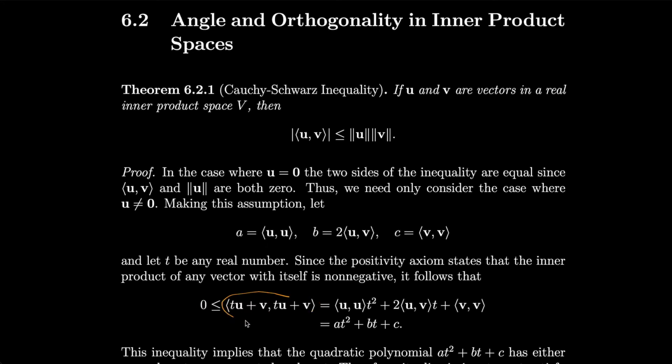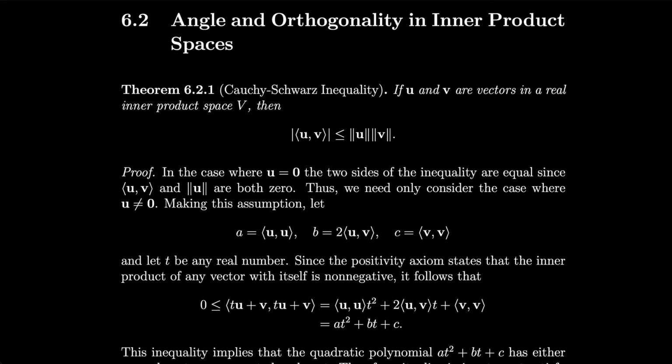But we can rewrite the inner product of tu plus v and tu plus v using our properties of the inner product to pull out the t. When we pull out this t, we get 1 in front, and then we pull out this t, we get another, so we end up with t squared. And then we can separate out the u plus v in the first by writing t squared u inner product with u plus v, but then we can separate out the plus v in the second one, so we'll end up with a plus inner product v with v.